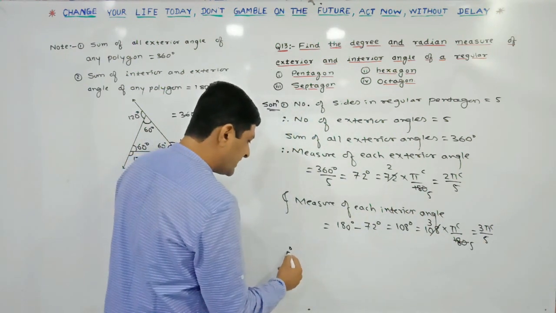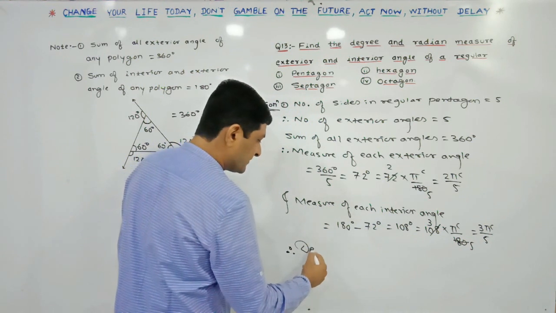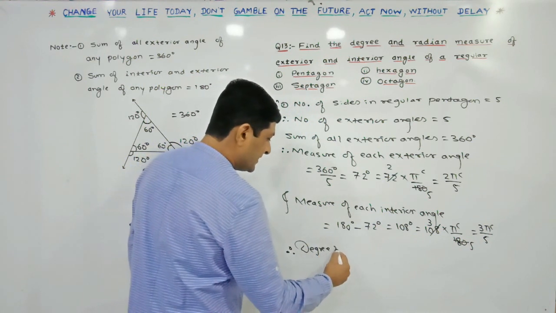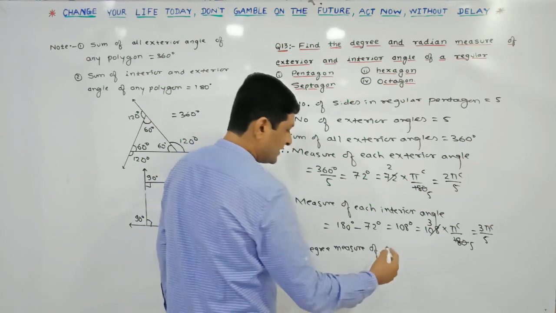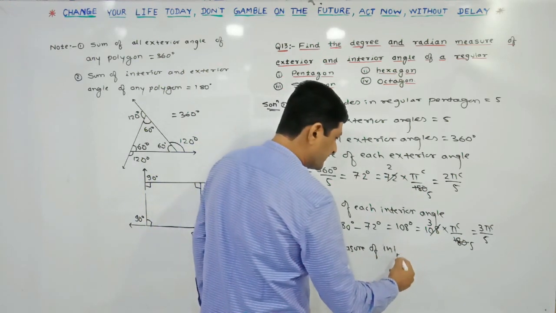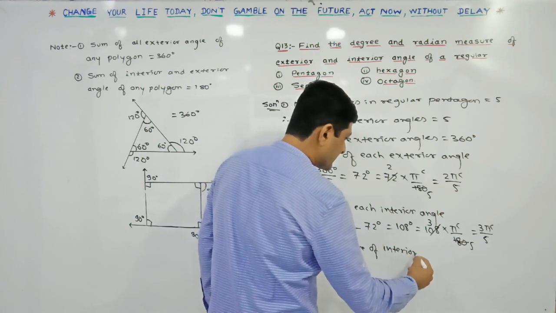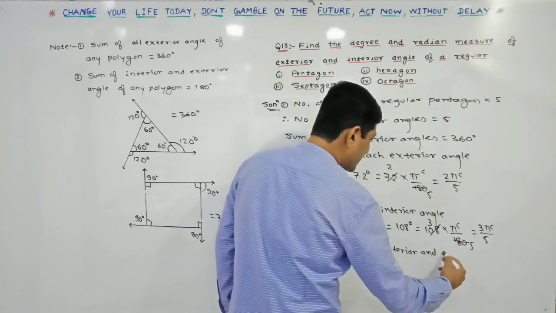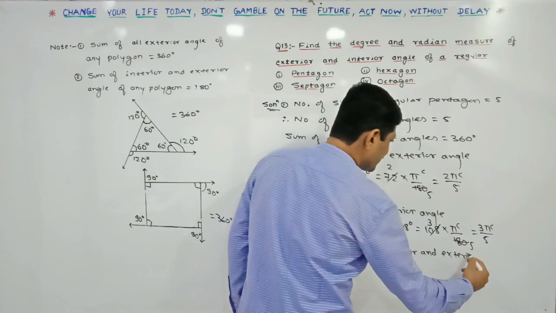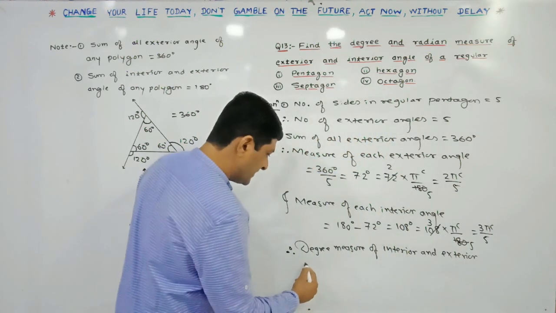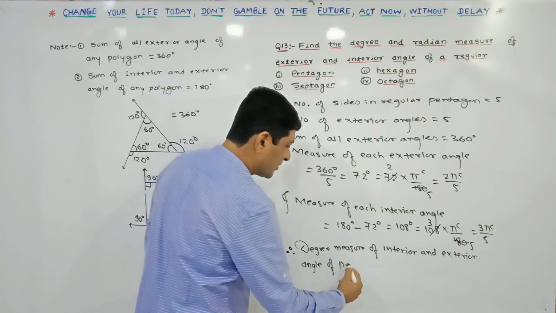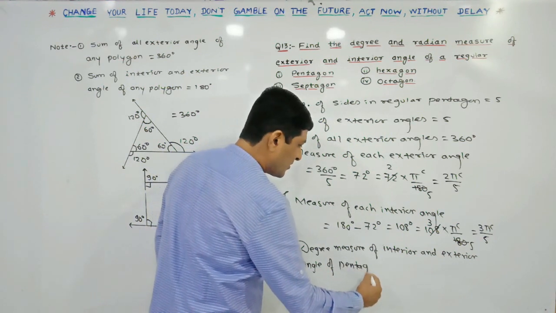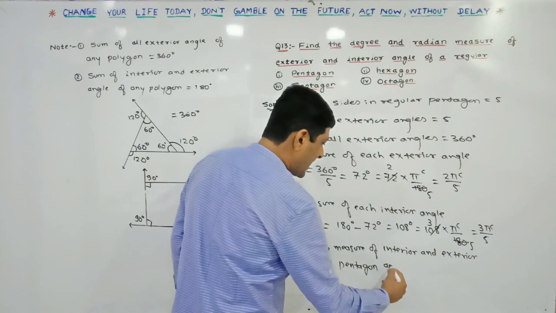So lastly write down, therefore the degree measure of interior and exterior angle of a pentagon.